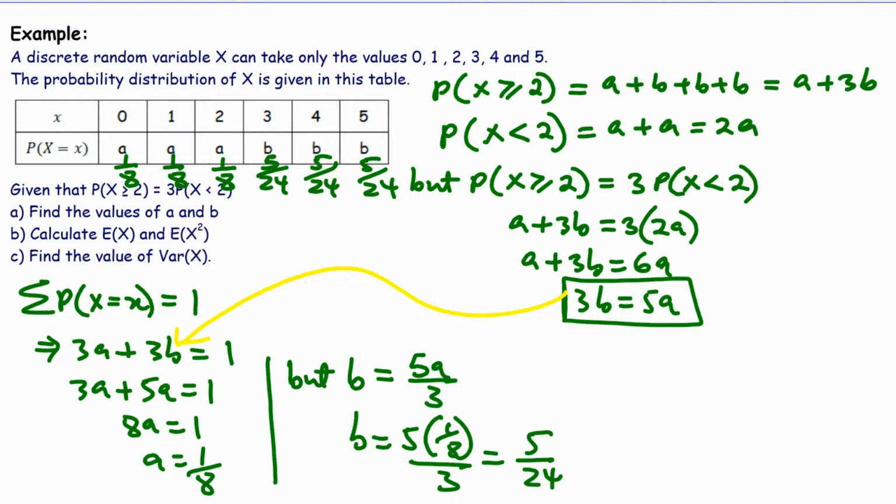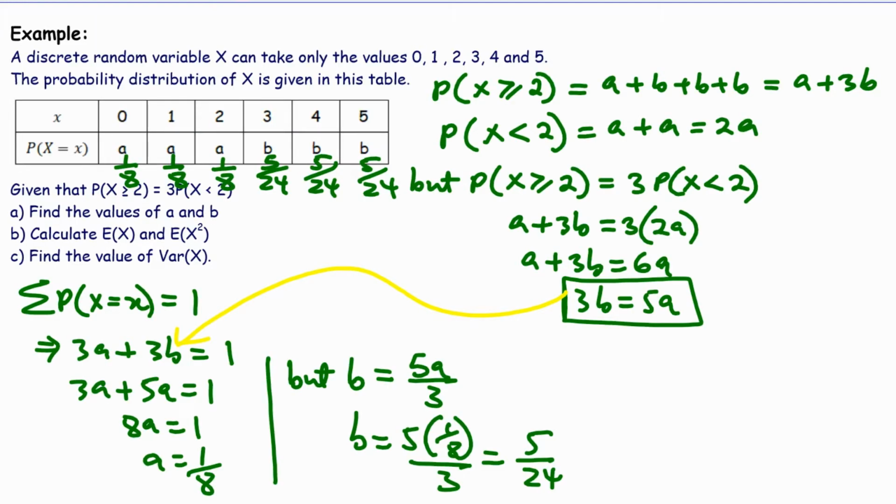Now that we have the probabilities, we can proceed to find the values of the mean and the mean of the squares. So this is part B now. The mean will be given by 0 multiplied by 1 over 8, and we just multiply the values of x by the corresponding probabilities and add them up.